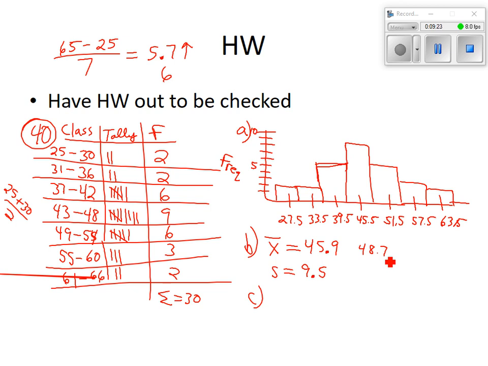It's higher. Good enough. All right, it's bigger. Their mean was bigger. Their standard deviation was 8.6. Ours was 9.5. What do you notice about their standard deviation compared to ours? It's lower. Good enough.